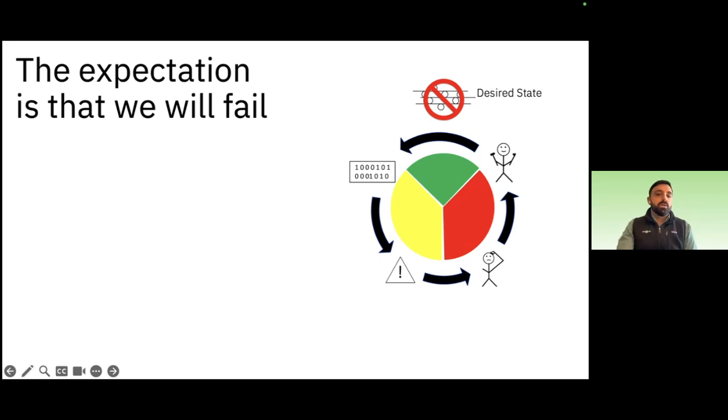Typically, the piece of this puzzle that's the most complex is the right side, mainly because this right side is only happening when stuff is on fire, when stuff has hit the fan, when things aren't operating in the place we want to be.